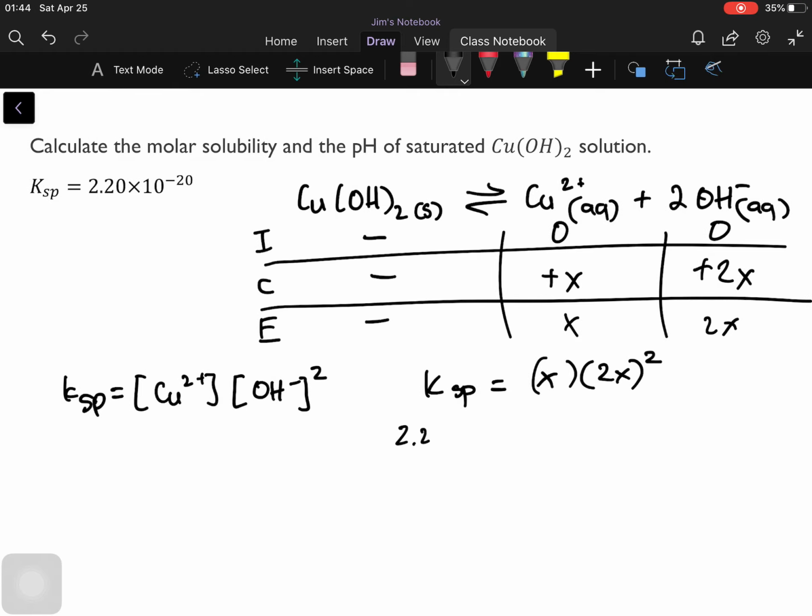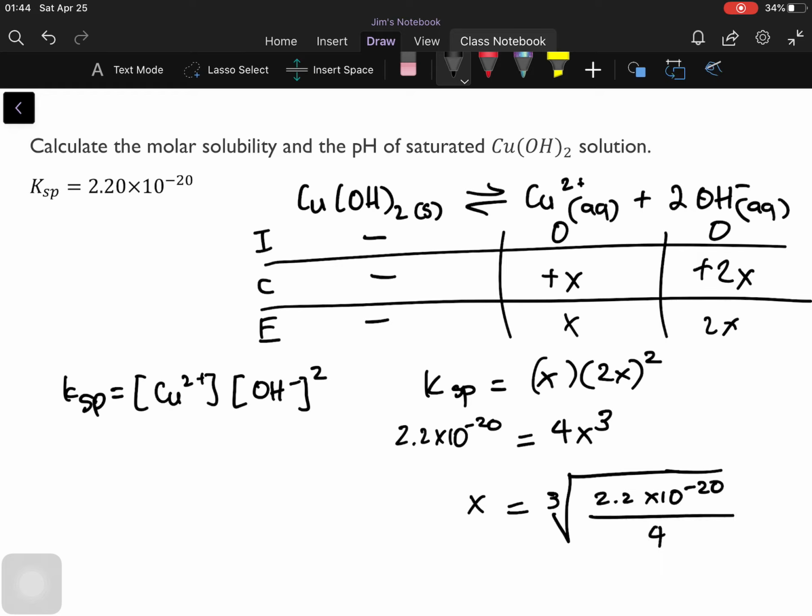This is 2.2 times 10 raised to negative 20 equals x times 4x squared. Okay, multiplying this by x, we get 4x cubed. Okay, solving for x, that is the cube root of 2.2 times 10 raised to negative 20 divided by 4.